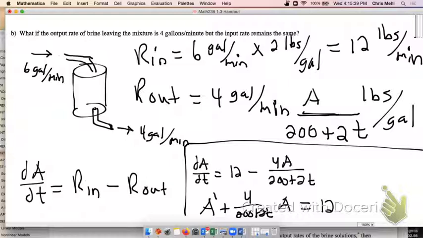I'll write 1 out front. Every term is a multiple of the derivative, and 1 is a function of t. The coefficient functions are functions of t alone, and the right-hand side, 12, is some function of time t. So this is a linear first-order differential equation.